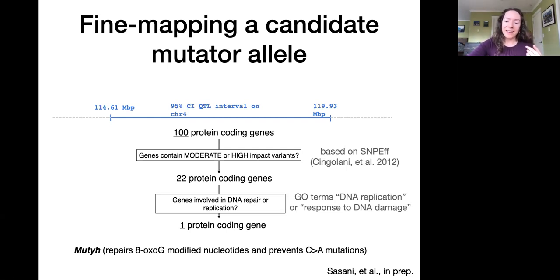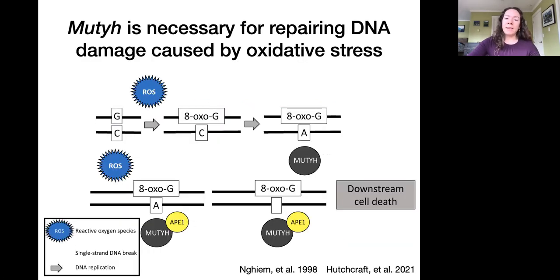So it turns out that when this particular lesion occurs and is not repaired, that tends to result in C to A mutations. And so this is just a little cartoon about why MUTYH is necessary to repair this DNA damage that's caused by oxidative stress.